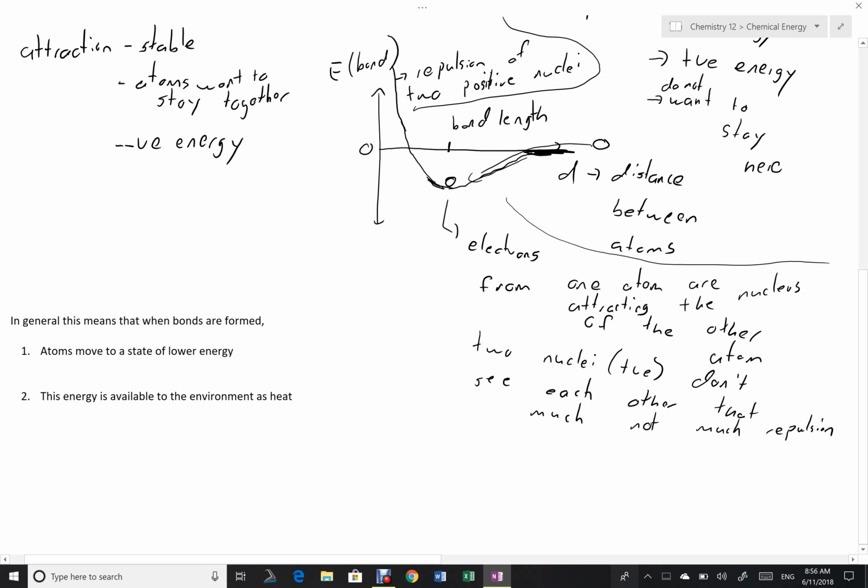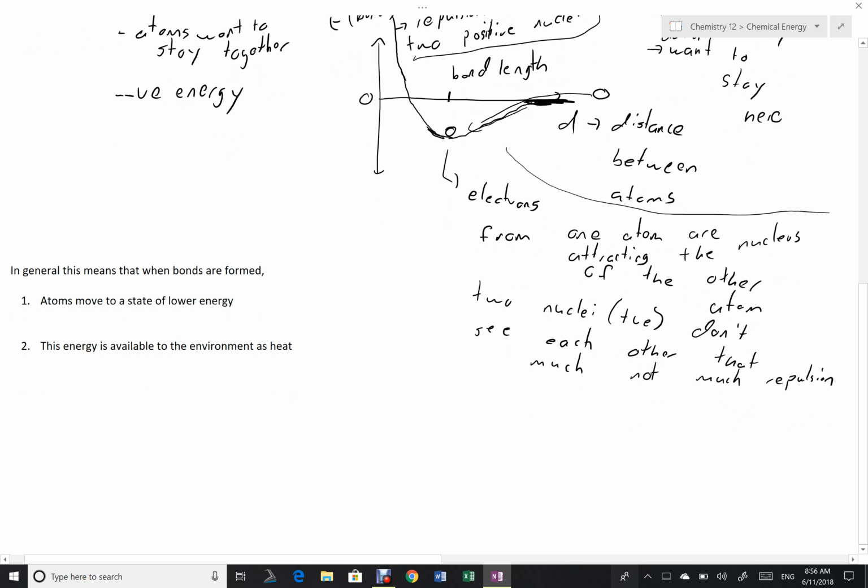In general, what this means then is that when atoms start far apart, way out here, and they come together, most atoms move to a lower state of energy when they're doing that. And when they do that, just like a ball rolling down a hill has potential energy that's now available for motion, the atoms that moved from this high energy state to this low energy state have potential energy that's now available for motion.